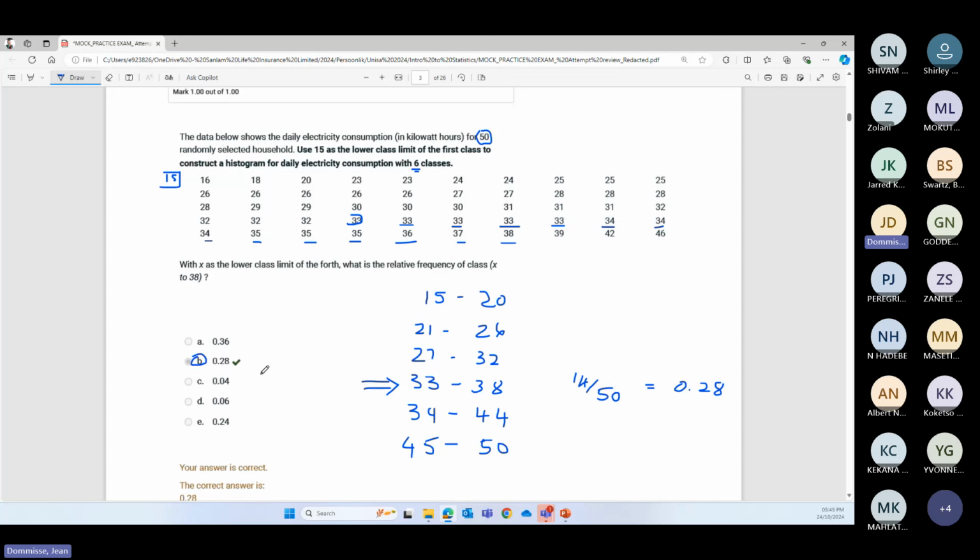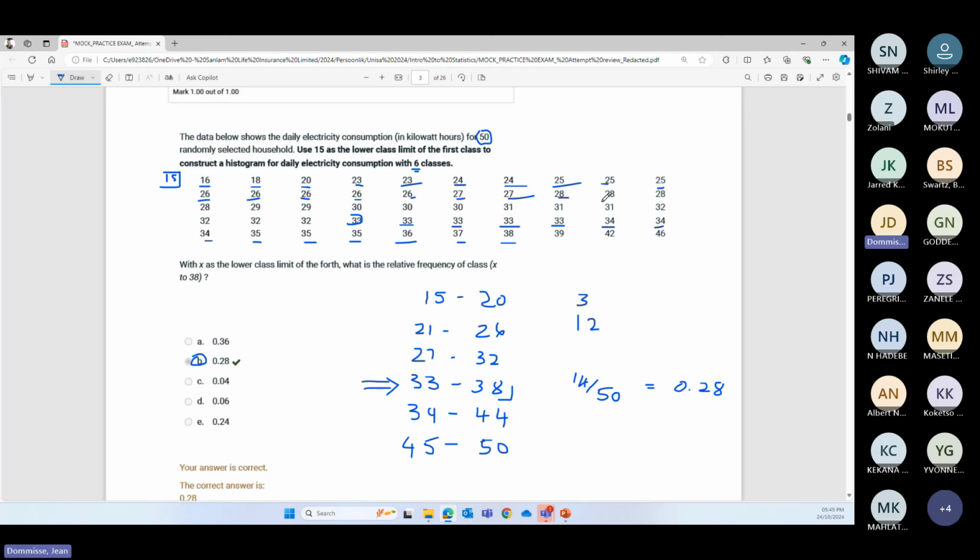If they ask us for the cumulative frequency, then we would need to work out up until this one. So it would have been 1, 2, 3 for that, then 1, 2, 3, 4, 5, 6, 7, 8, 9, 10, 11, 12. Or we could have gone the other way around, but that's fine.